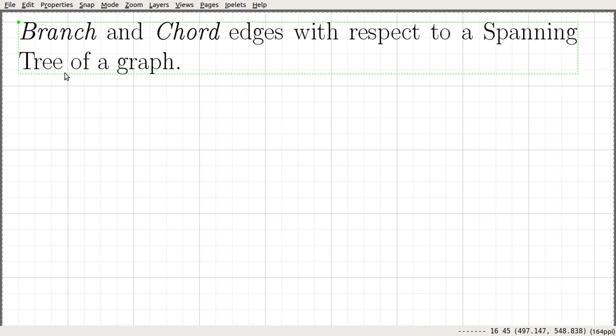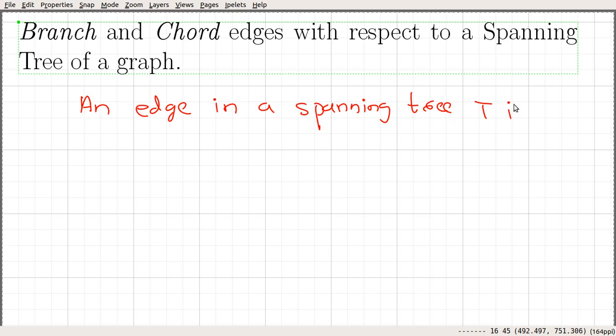So this is the definition of what is called a branch. An edge in a spanning tree T is called a branch of T.